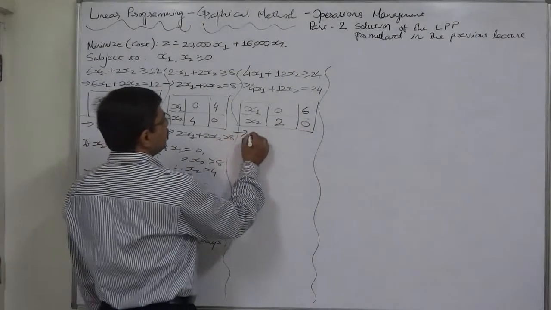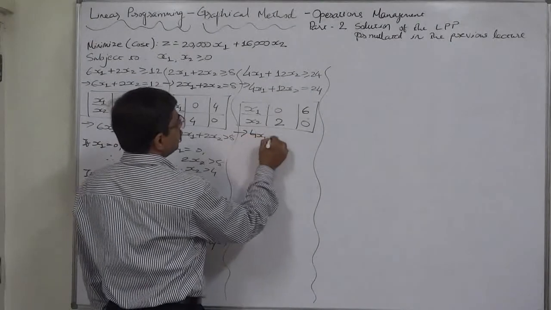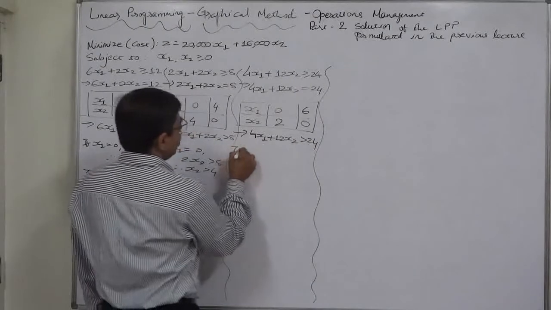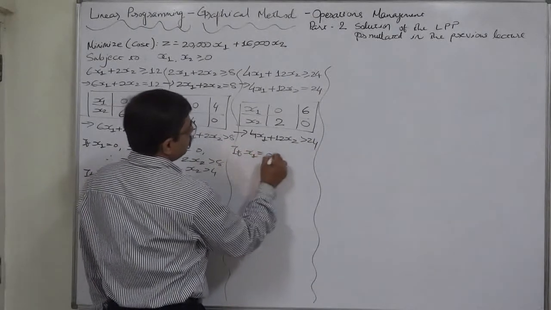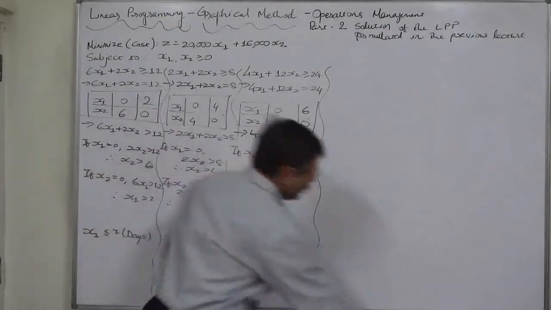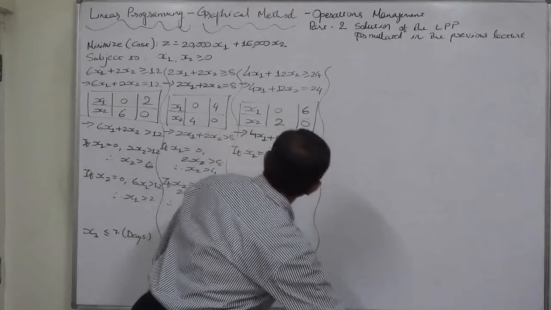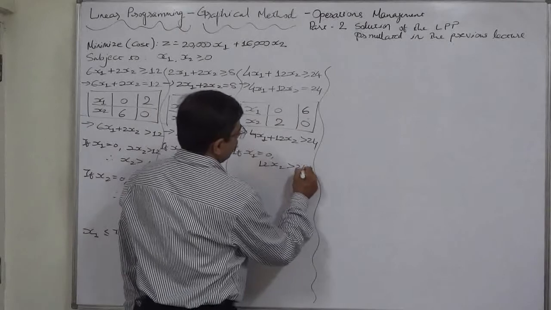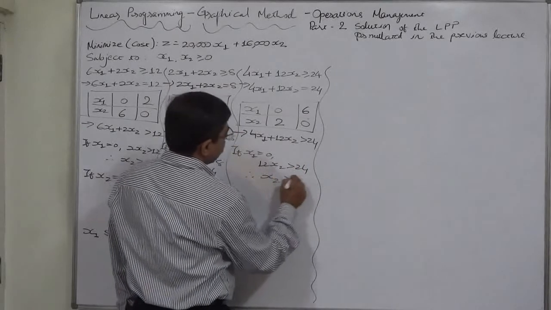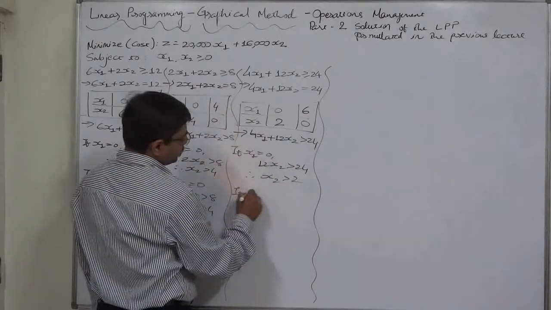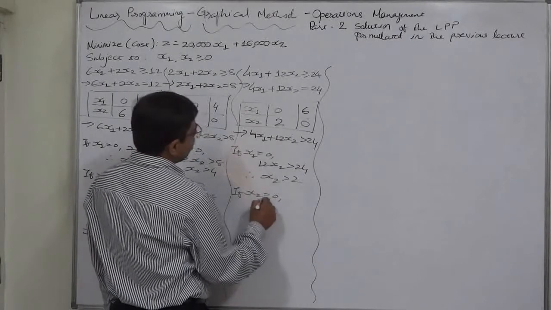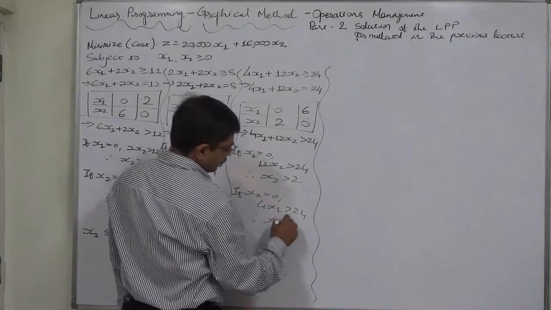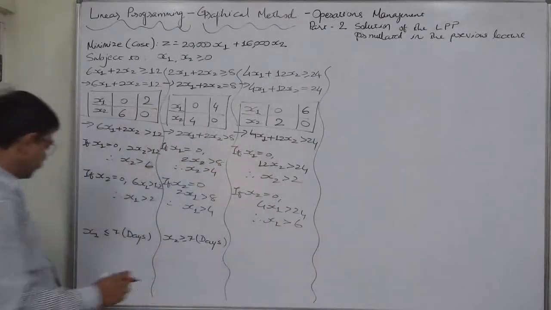The inequality will be 4x1 plus 12x2 greater than or equal to 24. If x1 takes value 0 then 12x2 will be greater than 24 and that means x2 will be greater than 2. If x2 takes value 0, then 4x1 will be greater than 24. That means x1 greater than 6.